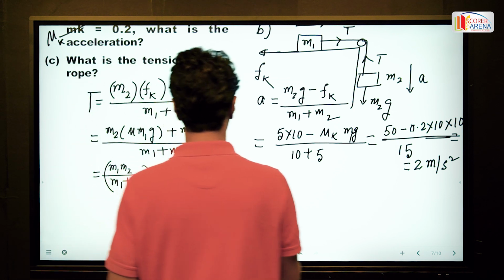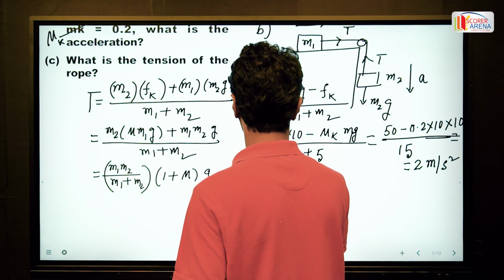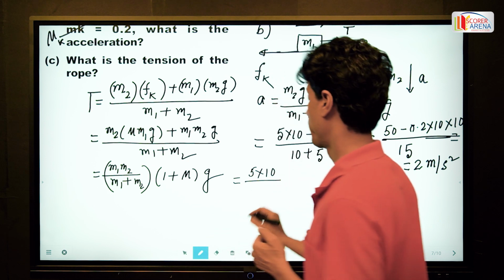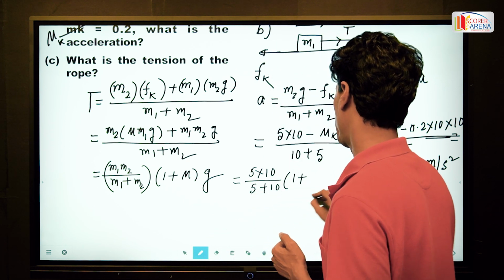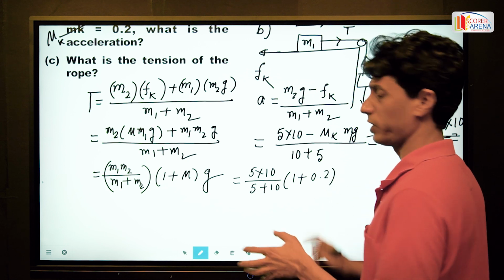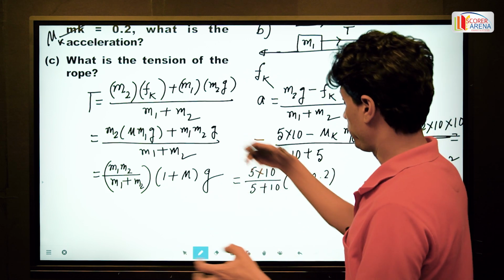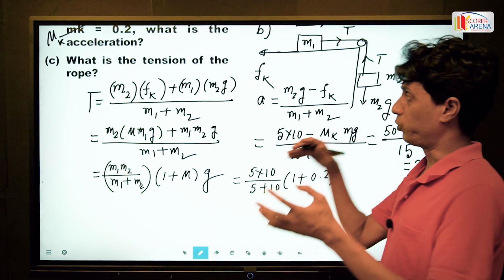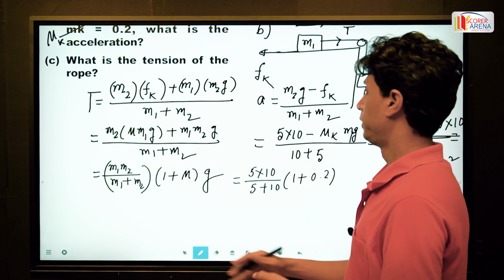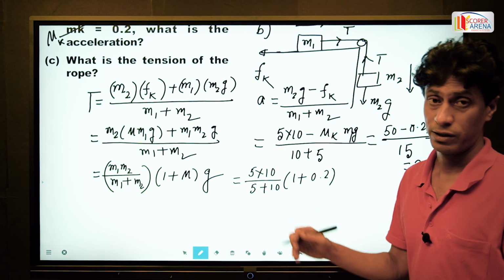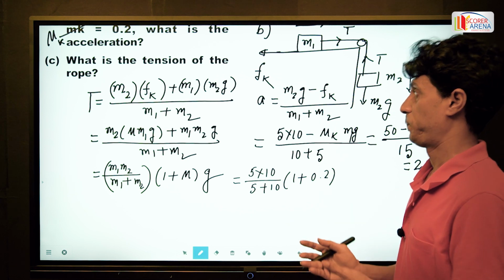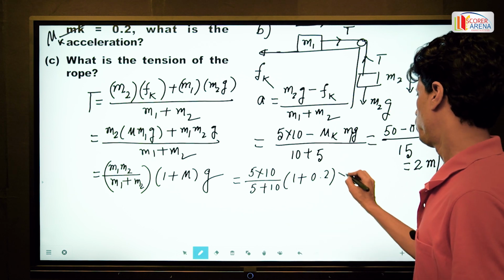And putting the values here, it is 5 into 10 by 5 plus 10, and 1 plus 0.2. Since both bodies are in moving condition, we have to take the friction as kinetic friction. This is not the static coefficient of friction. Into 10.